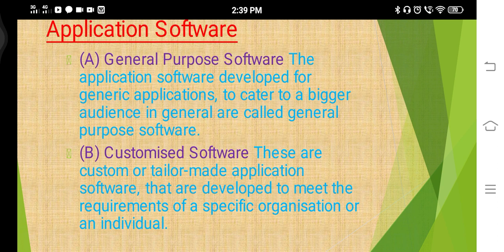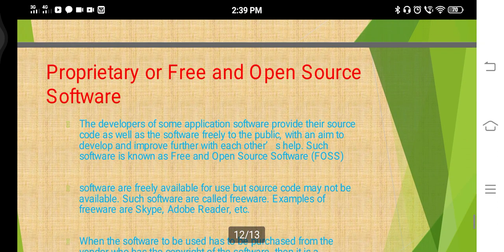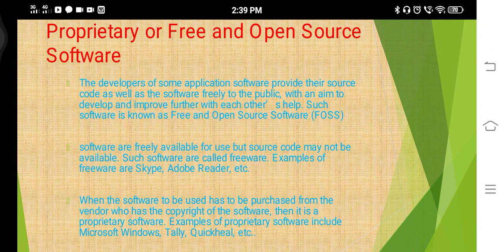Okay, the next point is proprietary, freeware, and free and open source software. The developers of special application software make their source code as well as the software freely available to the public with an aim of developing and improving it further at each step. Such software is known as free and open source software, that means FOSS.